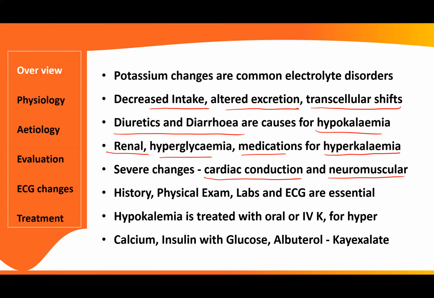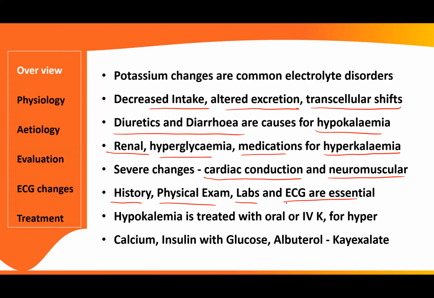Now, what will be the way I diagnose them? Of course, very good history, physical exam, labs, and ECG will be a good tool here. You don't require CT scans, MRIs, and all that in most of the cases, because the majority of them are easily differentiated using these basic tests and criteria.